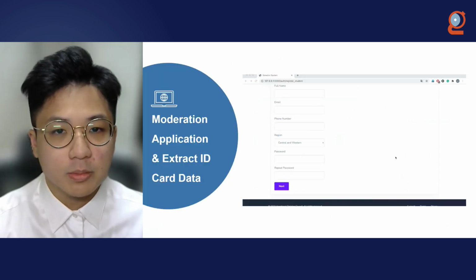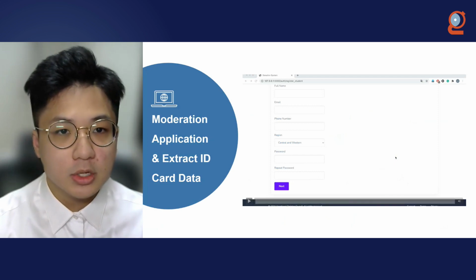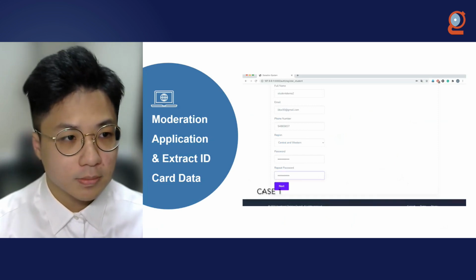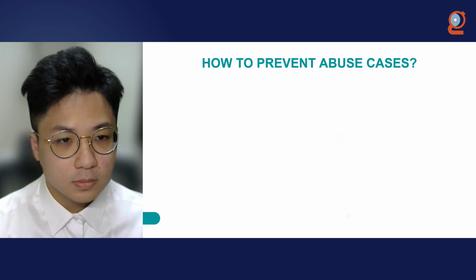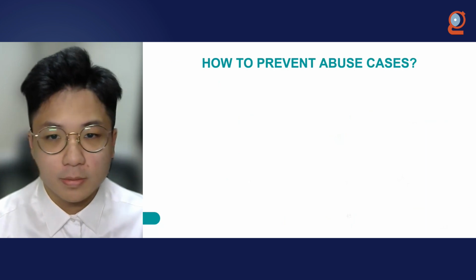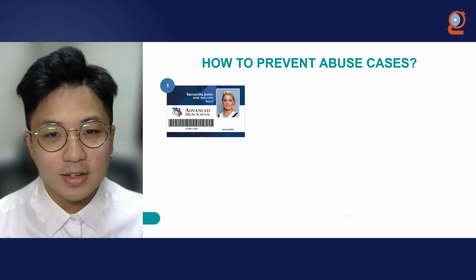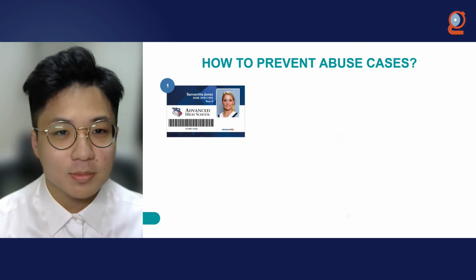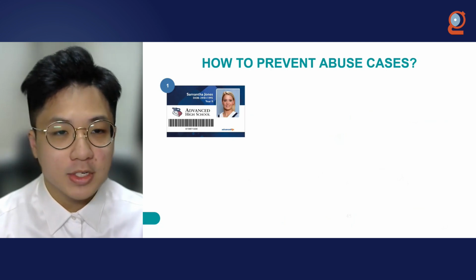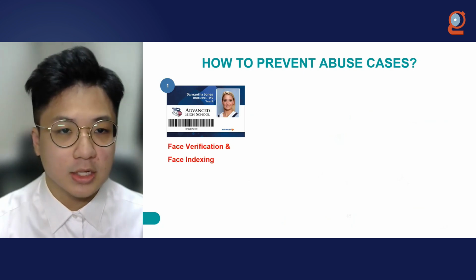This is the video to demonstrate the moderation application and extracting ID card data. To reduce human error and fake information providers, we are using the iShare Face API to analyze the face in the image to verify locations and check the face index.